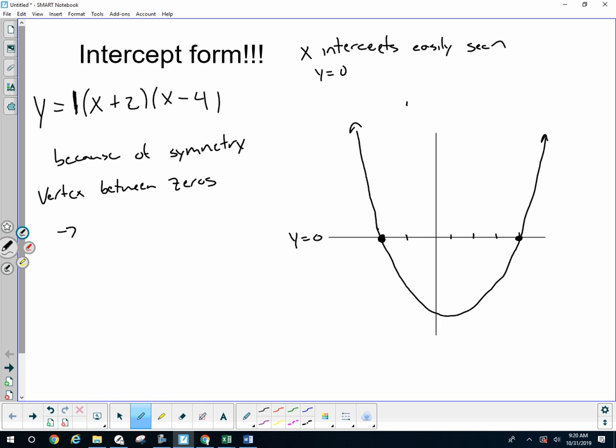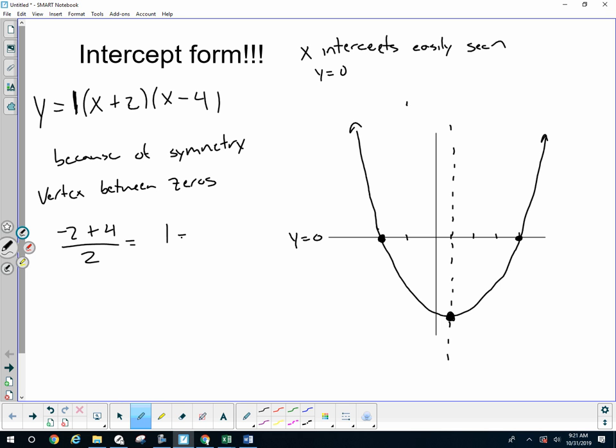If it's between -2 and 4, all I need to do is take an average. -2 plus 4 is 2. 2 divided by 2 is 1. And I will say, oh, my vertex has to be through x equals 1.